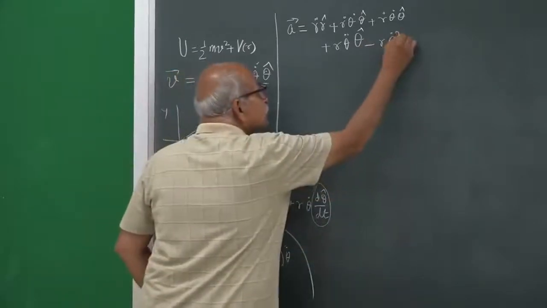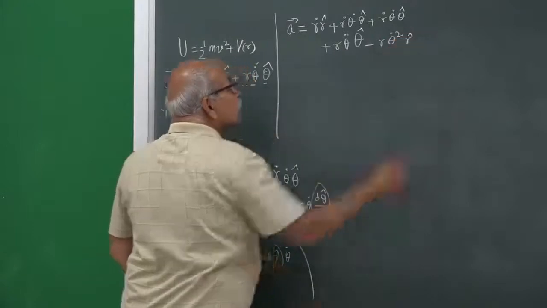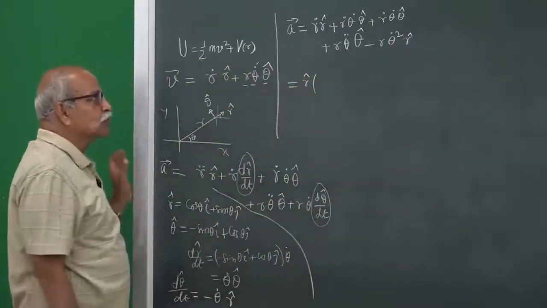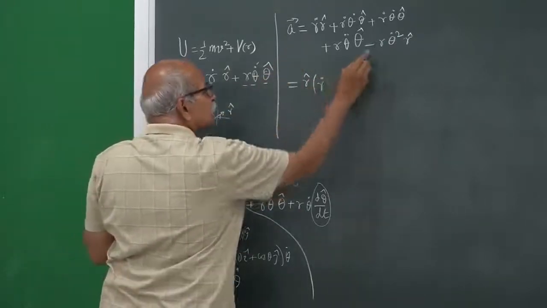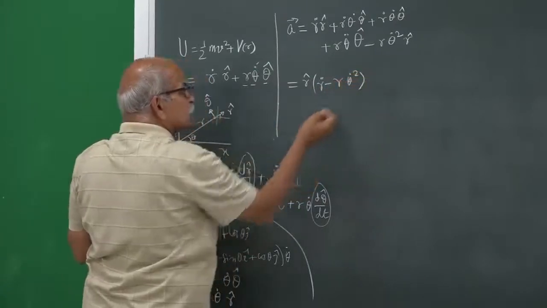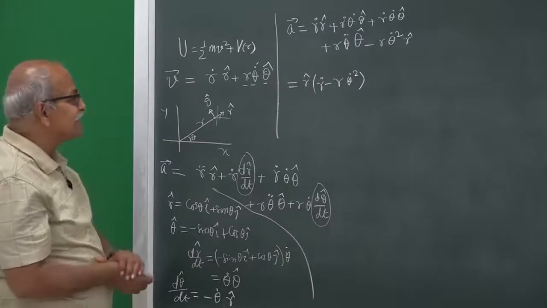So, it is minus theta dot square and then this r cap. So, if we collect r cap at one place, you have r double dot from here and minus r theta dot square from here. So, that is the radial direction, acceleration in radial direction.